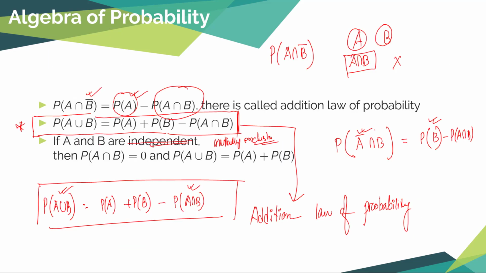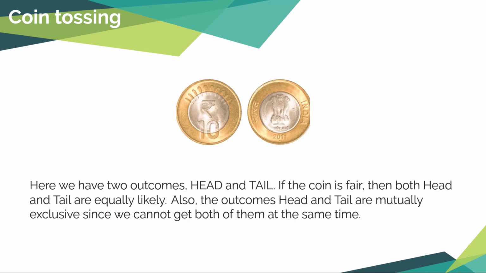So if A and B are mutually exclusive, then probability of A intersection B is 0, and in that case this formula reduces to, because this part is 0, only this, right? Probability of A union B is equal to probability of A plus probability of B, right? So these are some properties of probability.